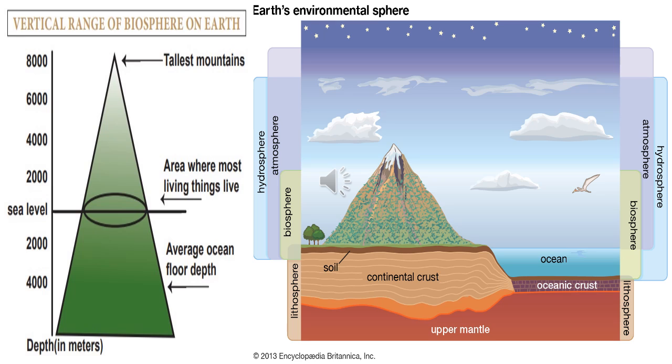However, most plants and animals live in a very narrow section, about 1 kilometer above and below the mean sea level. So the vertical range of the biosphere is maximum 20 km from ocean floor to troposphere, but the maximum number of living organisms exist in a narrow section about 1 kilometer above and below the mean sea level.